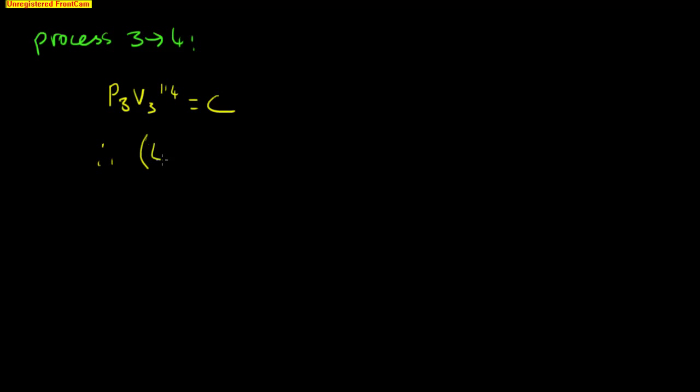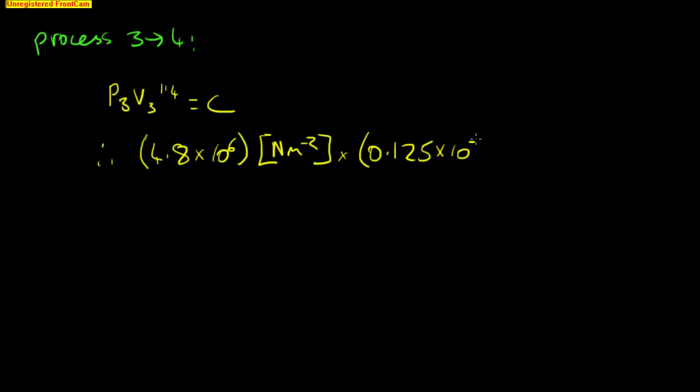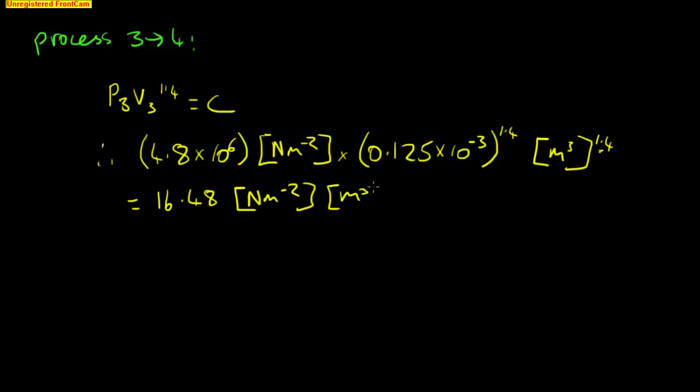Again, by the same method, we can calculate our polytropic constant. So that works out as 16.48 newtons per meter squared per meters cubed to the 1.4.